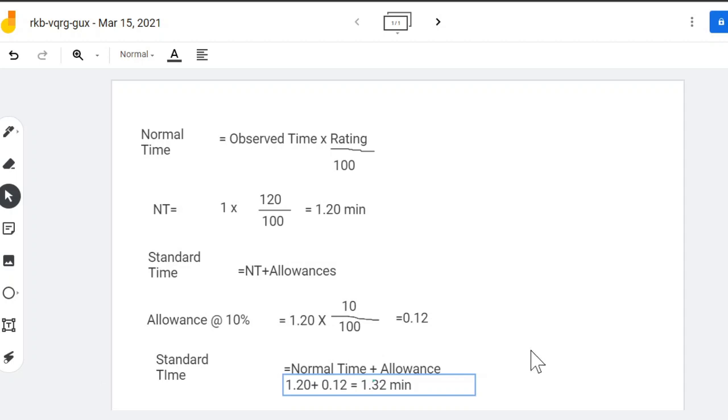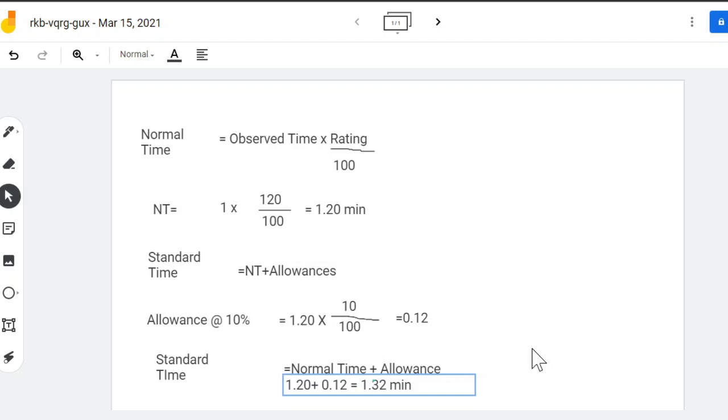What do we need to do? What do we do first?